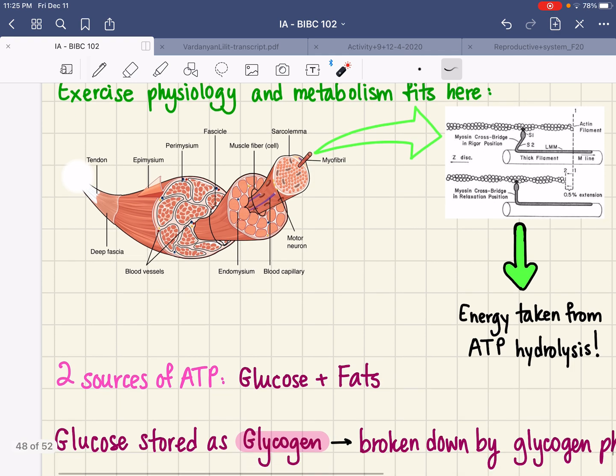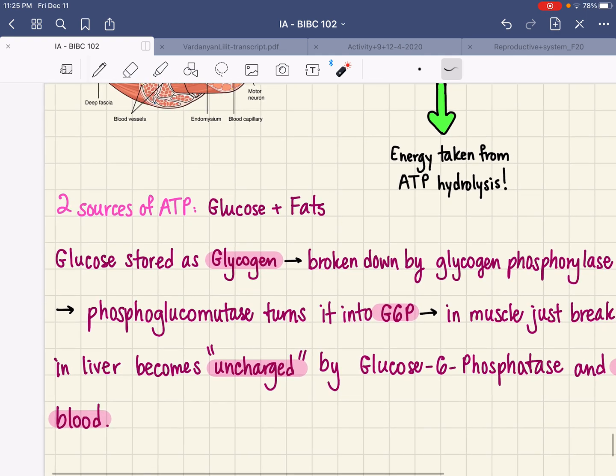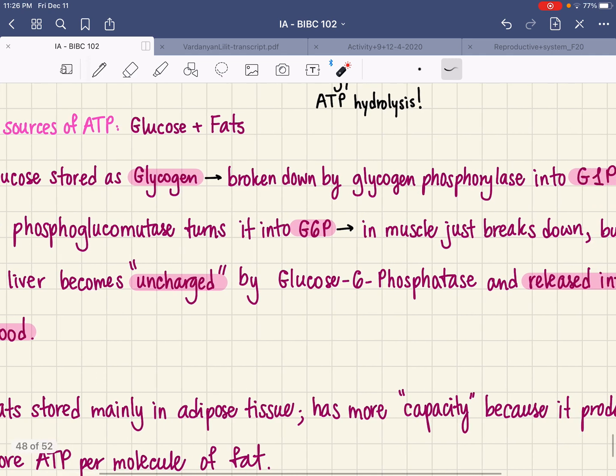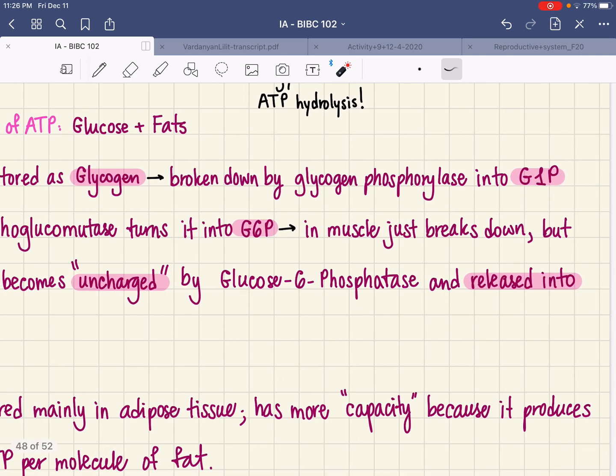Then in lecture we talked about the two sources of ATP that we can use, one of them being glucose and the other being fats. So glucose is stored as glycogen, right? Mostly in our liver and our muscles. Glycogen is broken down by the enzyme glycogen phosphorylase, and it is broken down into single molecules of glucose 1-phosphate.